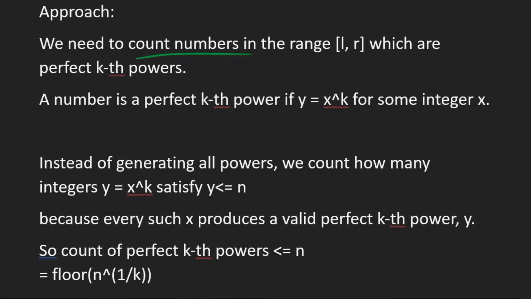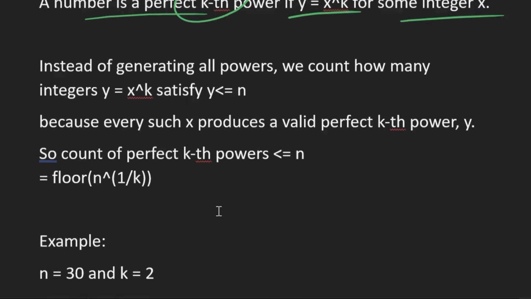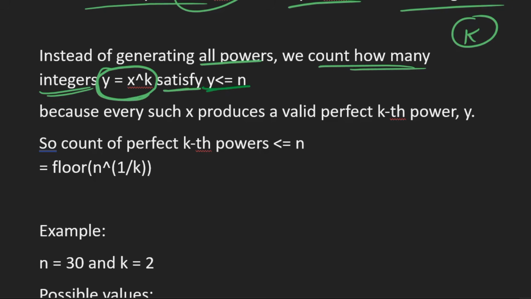So we have to count the numbers in the range L to R which are perfect kth powers, right? And a number is a perfect kth power if y is equal to x to the power k for some integer x. So now, instead of generating all the kth powers, we just count how many integers y is equal to x to the power k satisfy that y is less than or equal to n, if n is our upper limit.